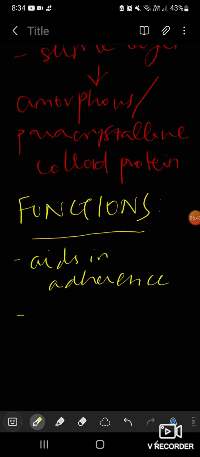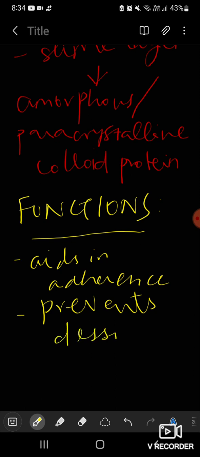So desiccation is basically the prevention of loss of moisture. So it prevents desiccation from occurring.